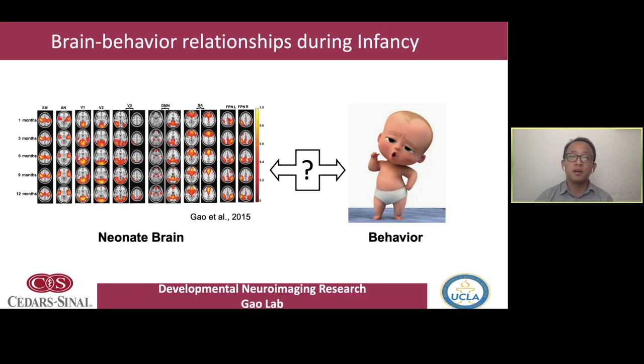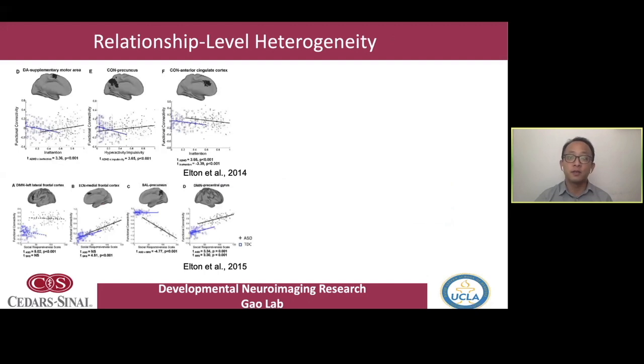This is because instead of homogeneity, many recent observations suggest heterogeneity of brain-behavior relationships. For example, two parallel studies from our own group conducted by Elton found that beyond categorical differences in brain functional connectivity, children with attention deficit hyperactivity disorder and autism spectrum disorder showed contrasting brain-behavior relationships compared with normal controls.